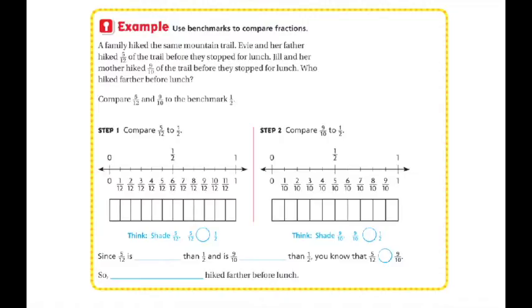Now I'm thinking of the 12ths, and how many 12ths are going to be equivalent to 1/2? Well, we see on our number line 6/12 is going to be equivalent to 1/2. So where would 5/12 be? 5/12 would be right here, and I can shade in 5 of these. 1, 2, 3, 4, 5.